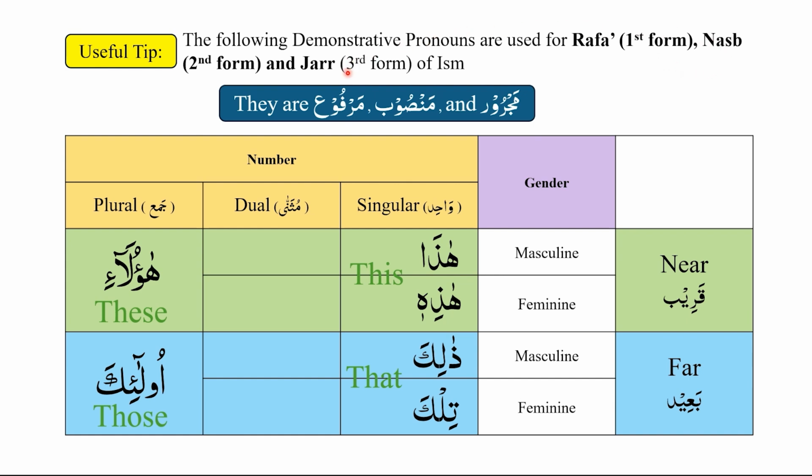For example, the three forms for haza will be haza, haza, haza, hazihi, hazihi, hazihi, haulai, haulai, haulai, zalika, zalika, zalika, tilka, tilka, tilka, ulaika, ulaika, ulaika.